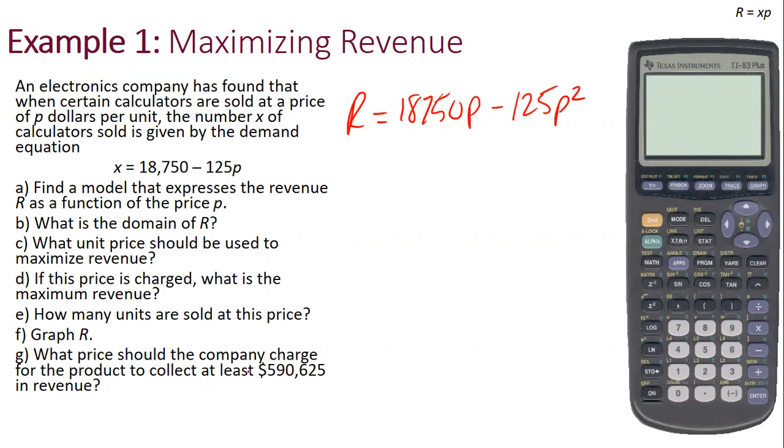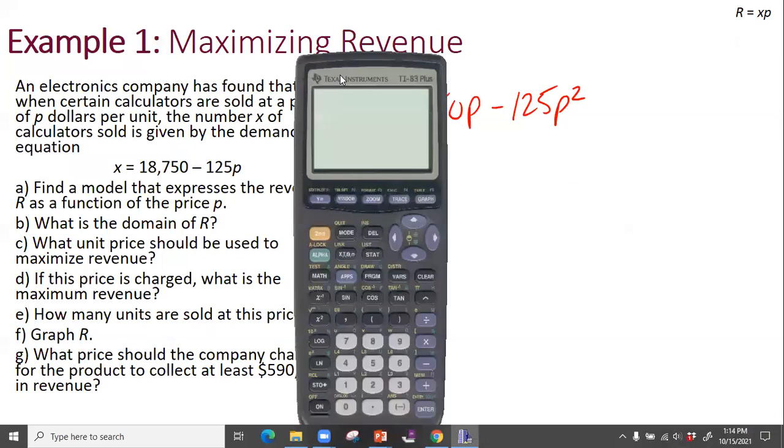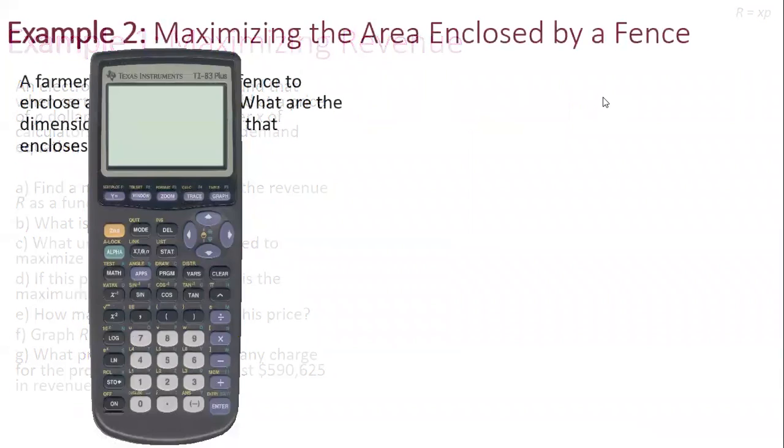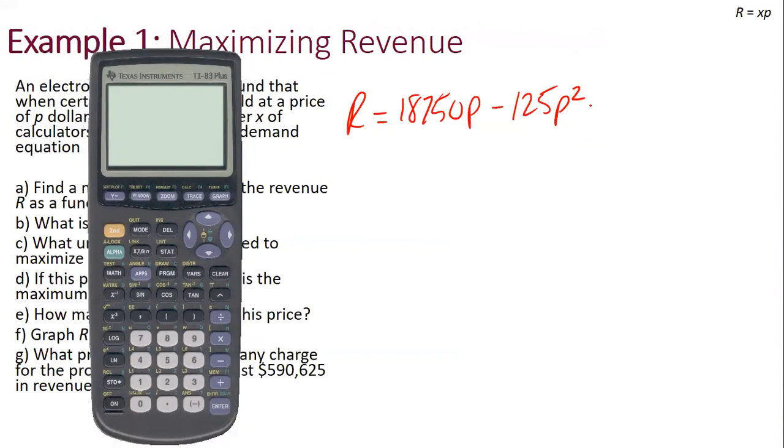And we want to be able to collect at least 590,000. So we want this to be greater than or equal to 590,625. So we've got to solve this inequality.